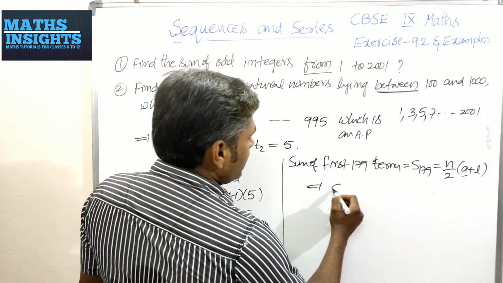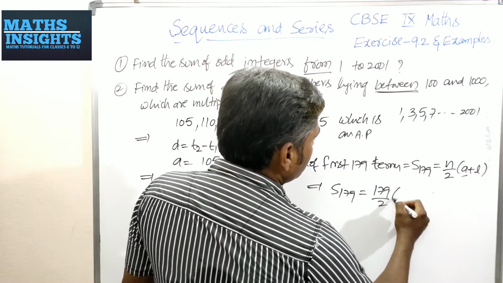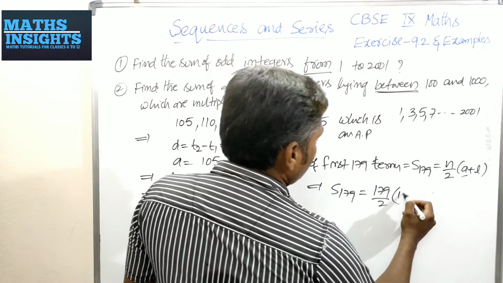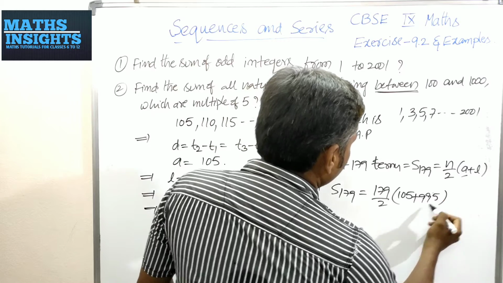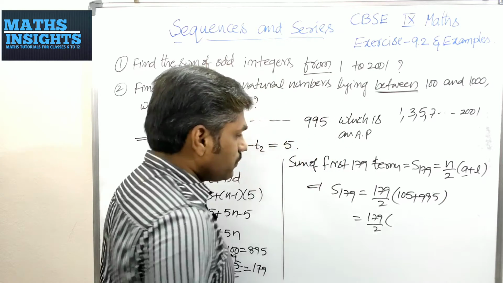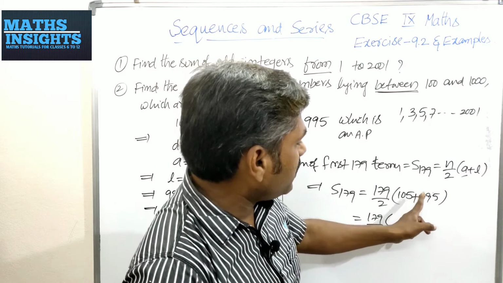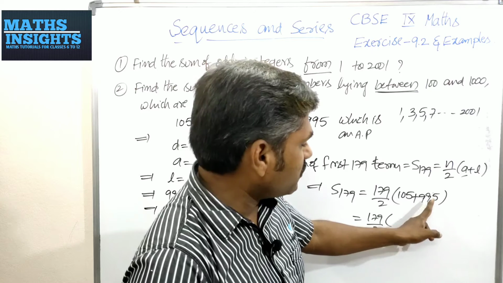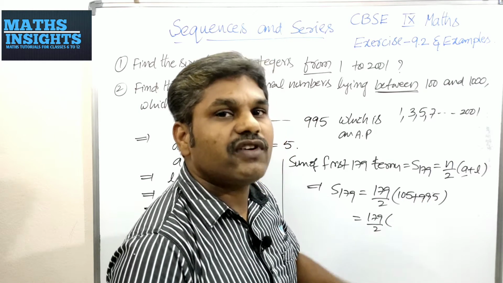That implies S179 equals 179 by 2 into a, which is 105, plus l, which is 995. That implies 179 by 2 into, if you add all this, if you add 5 to this it will become 1000, 1000 plus 100 is 1100.